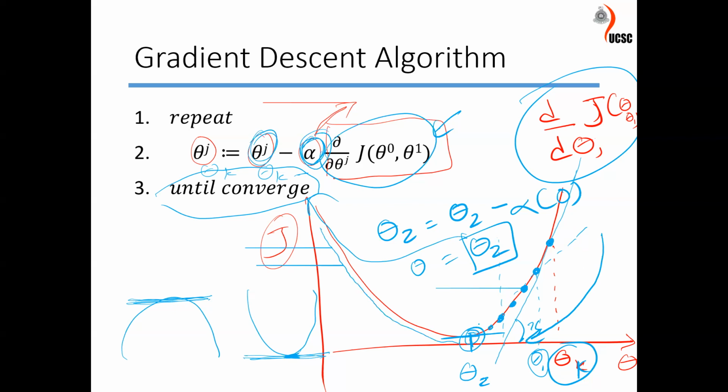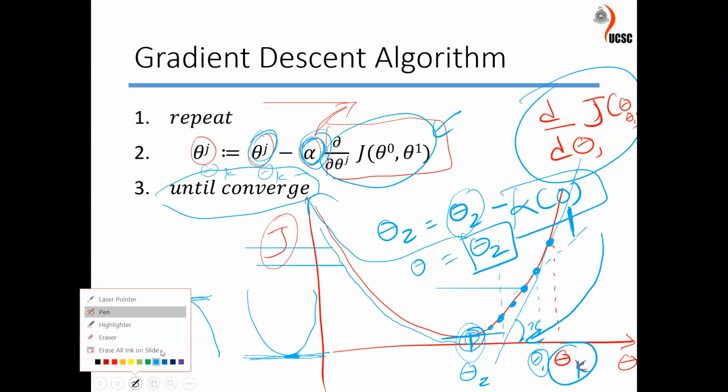Anyway, if you come to the bottom or the minimum, the gradient becomes 0, so theta won't update any more. Theta stops updating because the gradient becomes 0. If you subtract 0 from any number, it gives the same number. In that case, we can find the minimum of our cost function J. That's the basic idea behind the gradient descent algorithm.